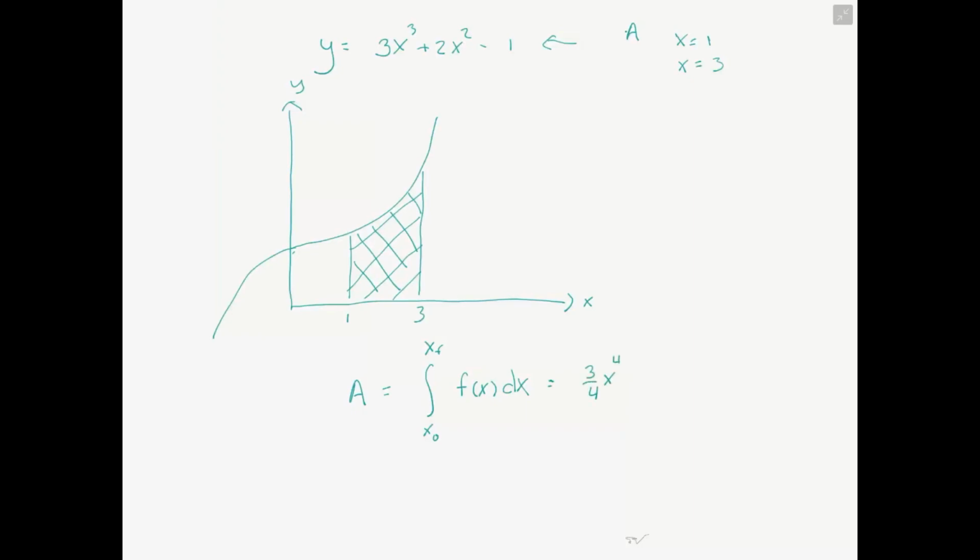So we just take the integral, and we've got 3/4 x to the fourth plus 2/3 x to the third. Remember our rule that we established in our last video for integrals, minus x.